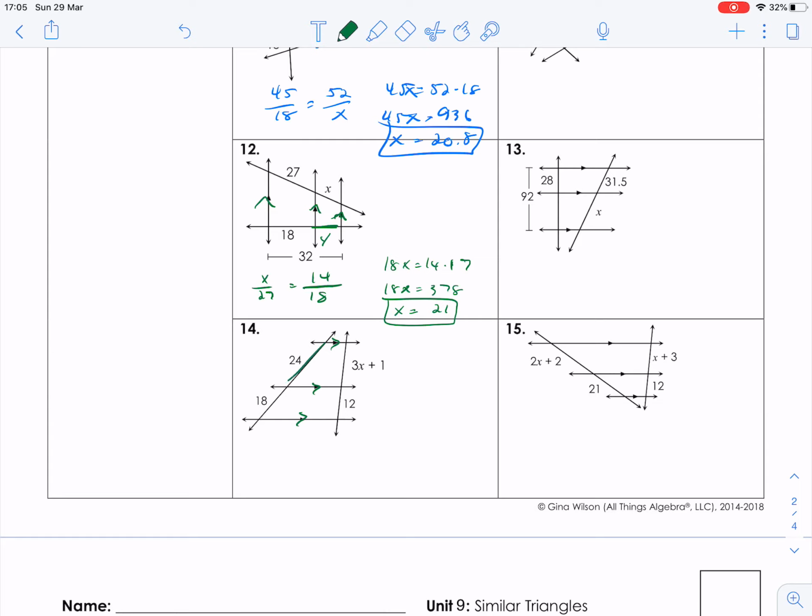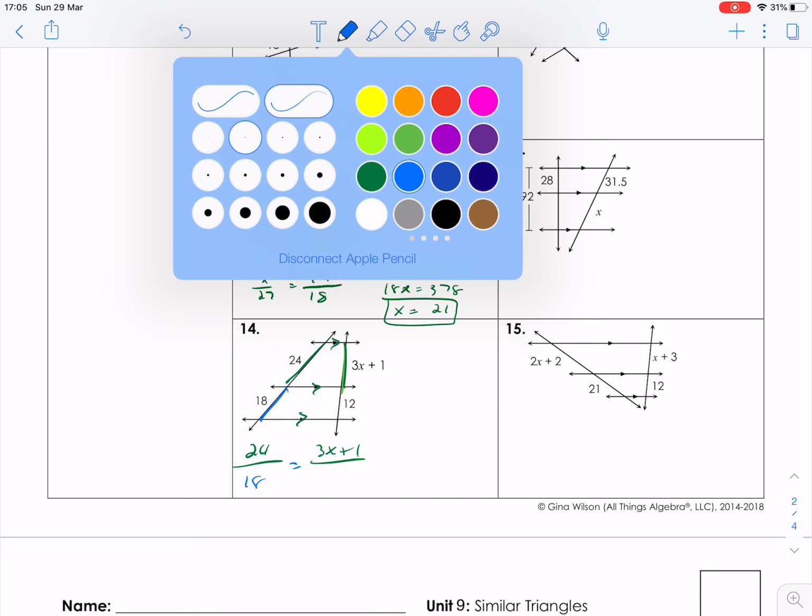All three are parallel. That means 24 divided by 18 equals 3x plus 1 over 12.